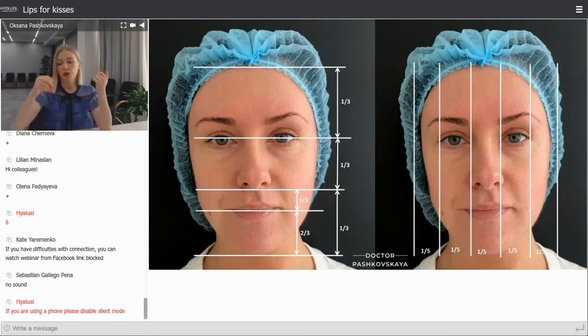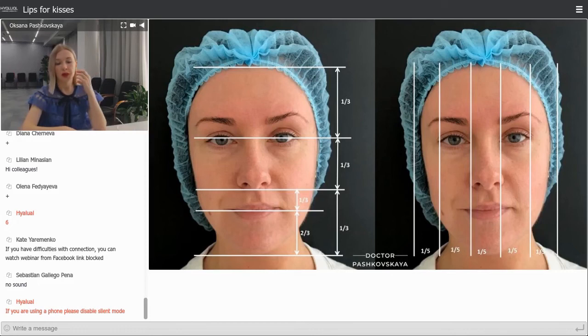You draw a line through the hairline, then through the pupil line, and through the subnasal point and the tip of the chin, and you get 3 sections. Mostly they are equal. So it's useful when we, for example, want to put additional volume in the chin. We see the 3 sections.